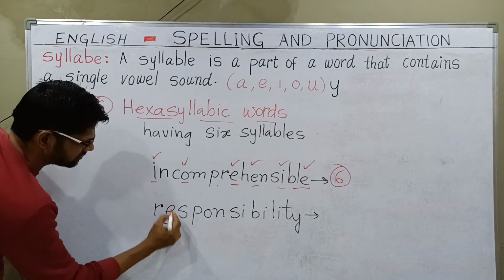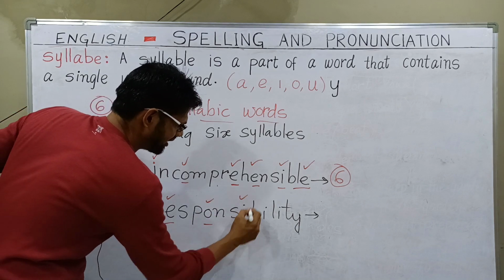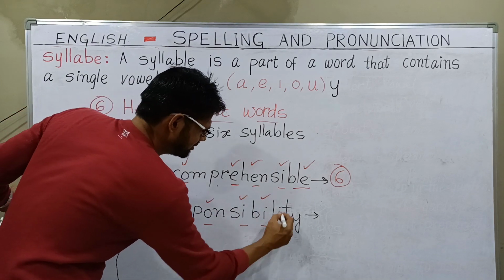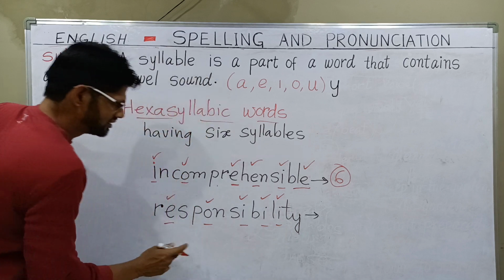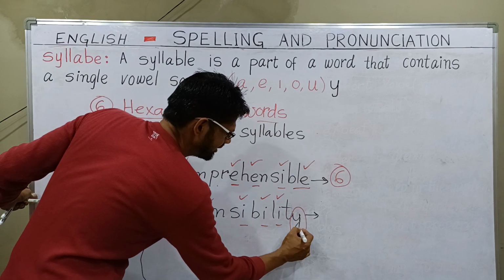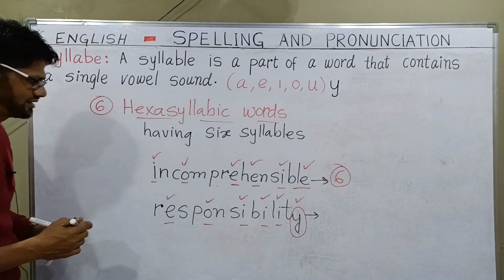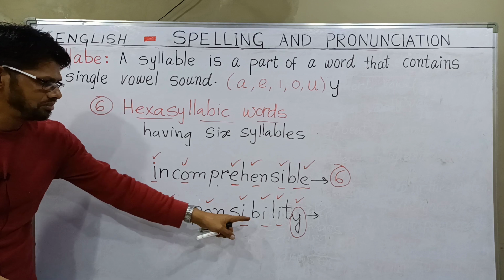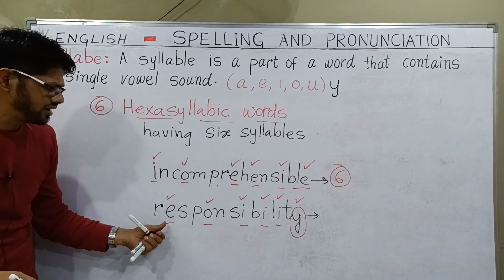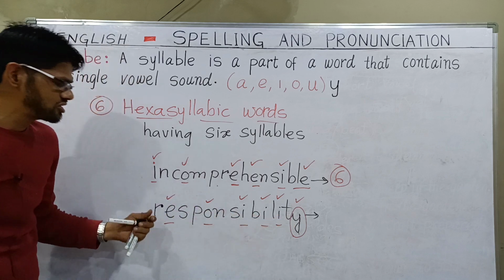Here we have the first vowel, another one, here one I, next one, and I, another one, and the last one is Y. Y is also acting like a vowel here, and it is giving the I sound. Responsibility: 1, 2, 3, 4, 5, 6.